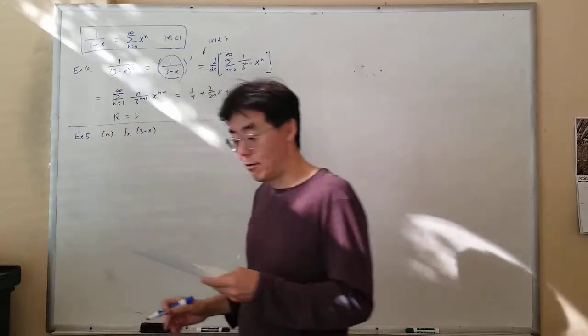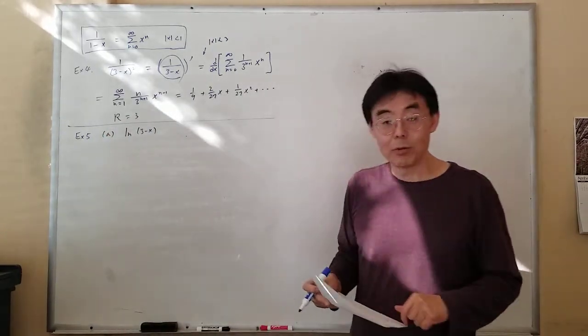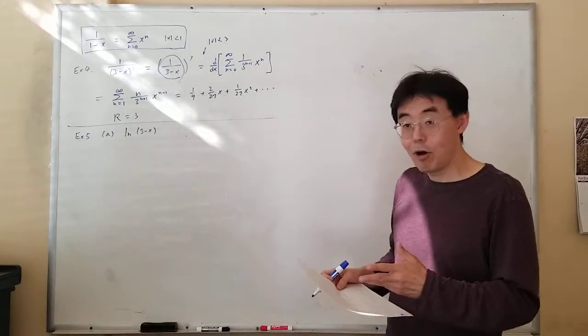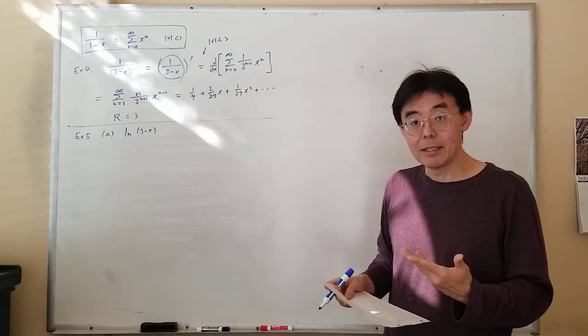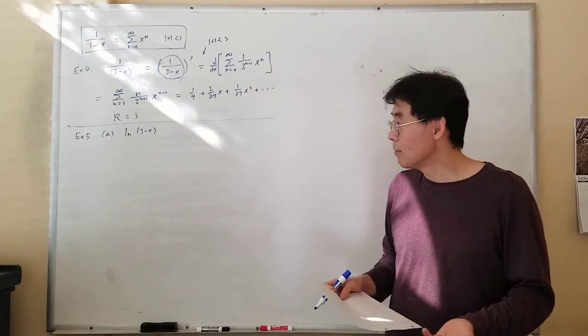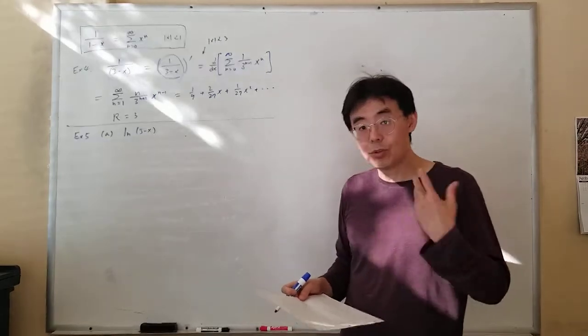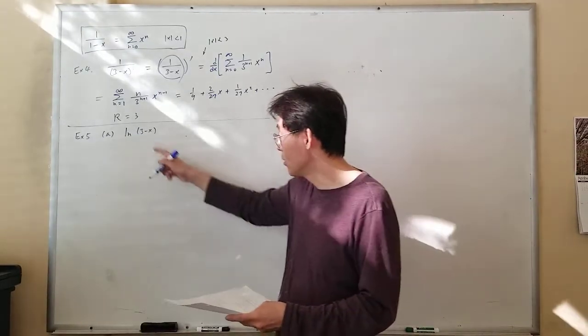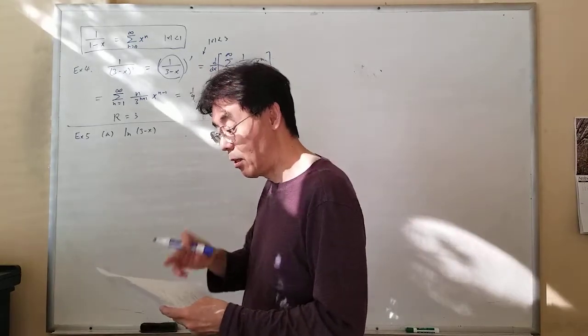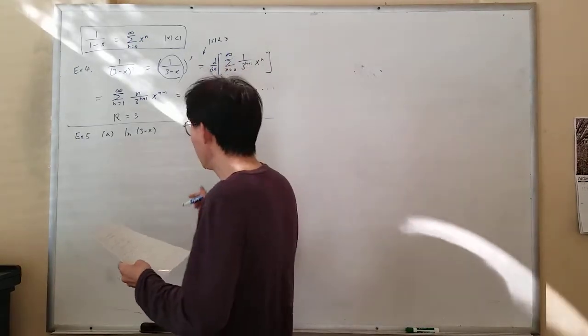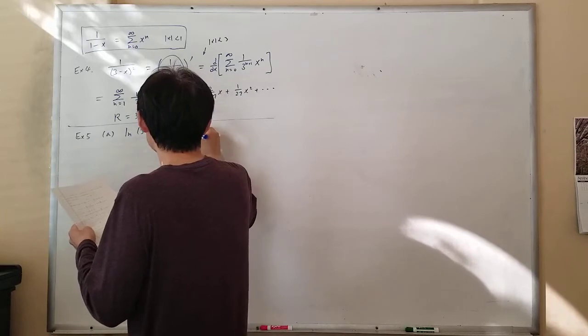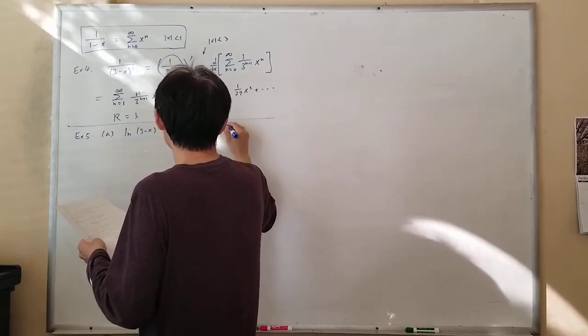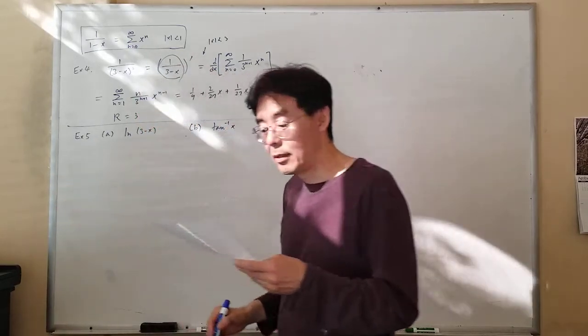Again, when I wrote this note, my log means ln, not common log, because in advanced mathematics, a lot of times we just use log to mean natural log. So I'm going to correct this. This log means ln. ln of 3 minus x, and B, tangent inverse of x.